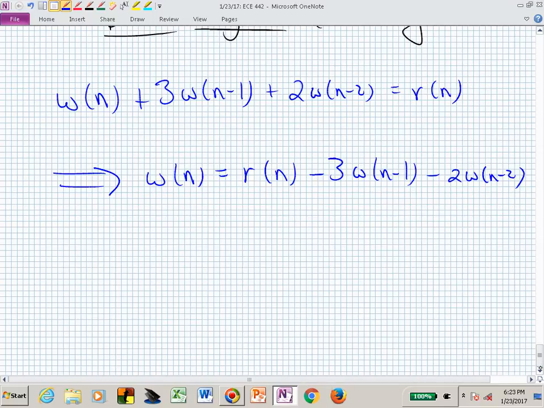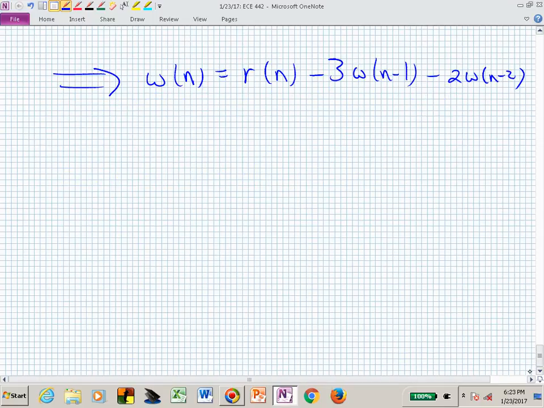If I'm building an all-delay block diagram, how many delay blocks would you anticipate I need? You look at the highest index, n, and then you look at the smallest index, and what separates those? 2.